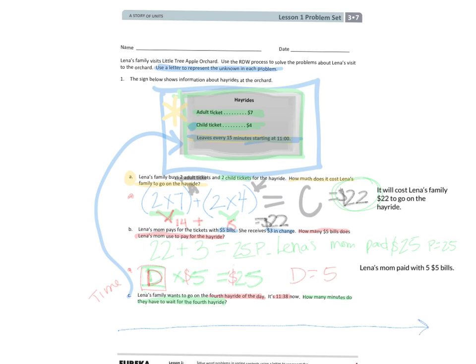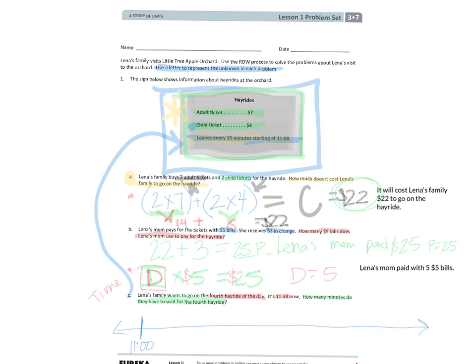A lot of times it's easiest to do elapsed time problems on a number line. I'm going to put the start time of the first hayride, which is 11 o'clock. And they leave every 15 minutes.